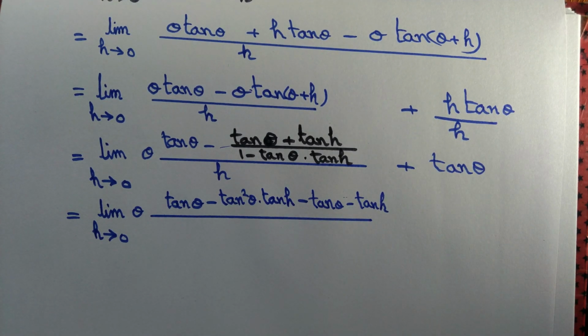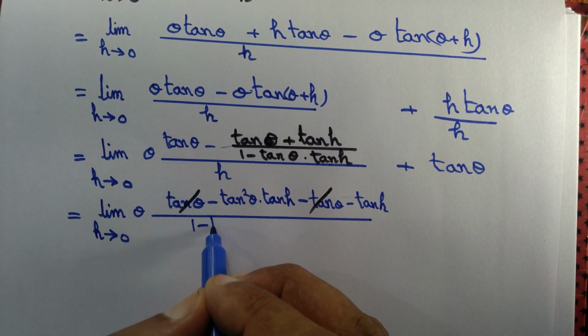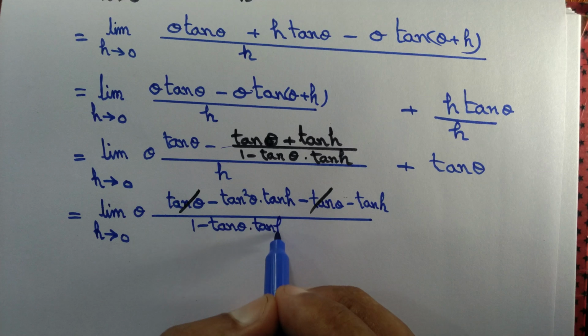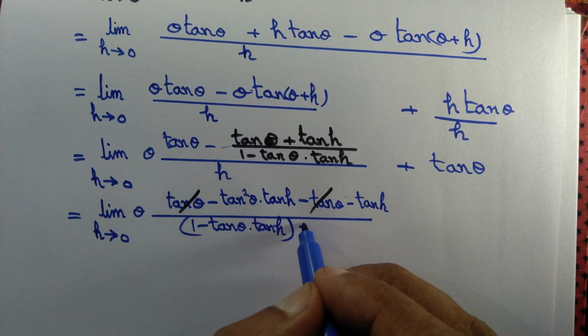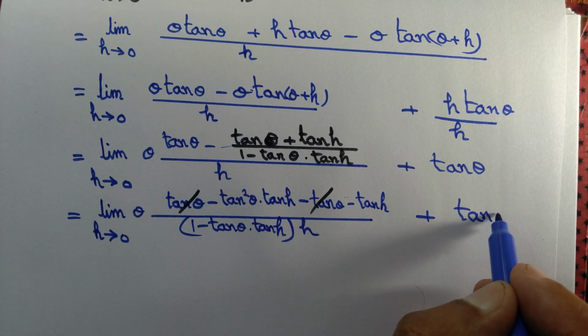Okay, this has an advantage that we can cancel tan theta. Tan theta minus tan theta is simply 0. However, in denominator we'll get 1 minus tan theta tan h, whole thing multiplied by h, plus tan theta we copy as it is.